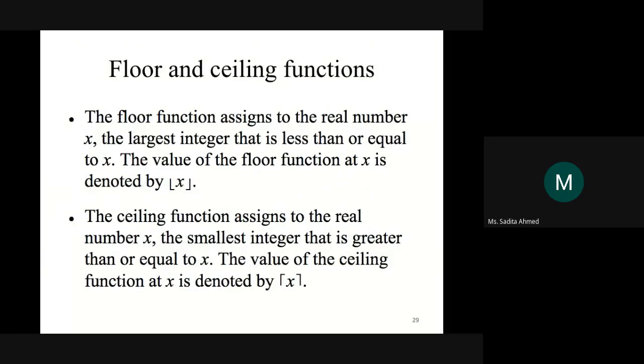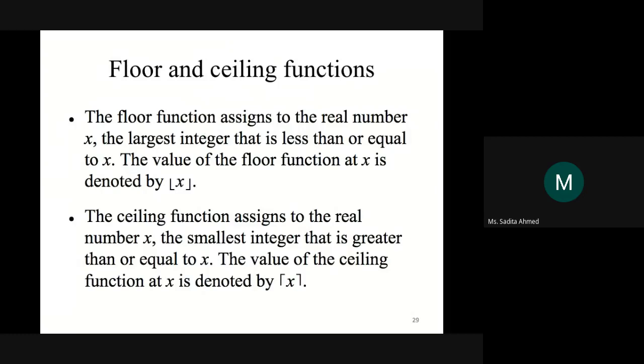Okay, so if x is a variable that represents any real number, the floor function applied on this real number converts the real number into the largest integer that is less than or equal to x.